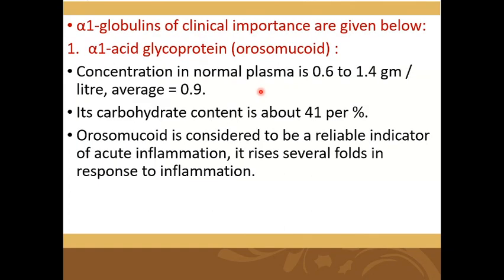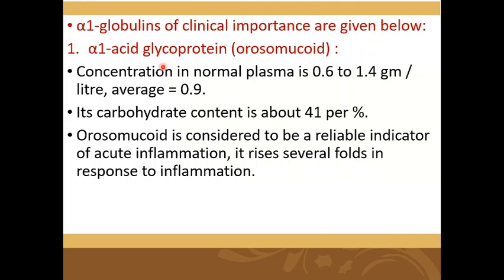Alpha 1 acid glycoprotein or Orosomucoid. Concentration in normal plasma is 0.6 to 1.4 grams per liter and on average it is 0.9 grams per liter. It is a glycoprotein, okay?